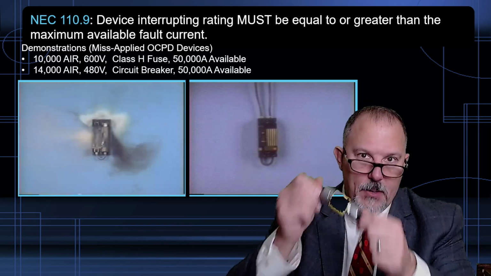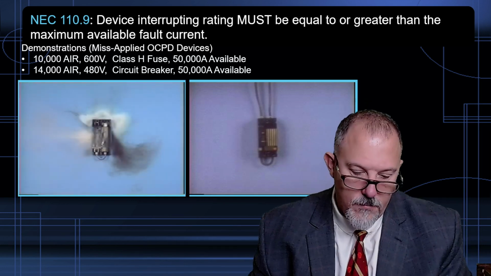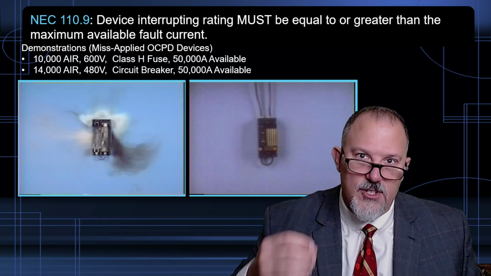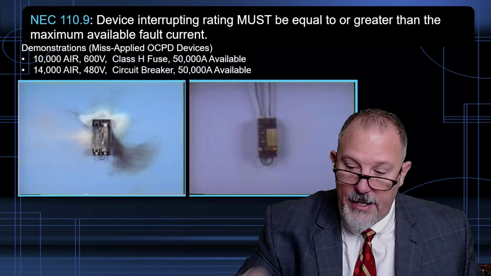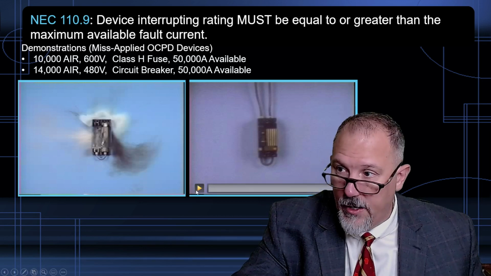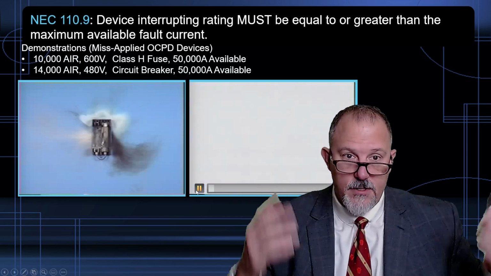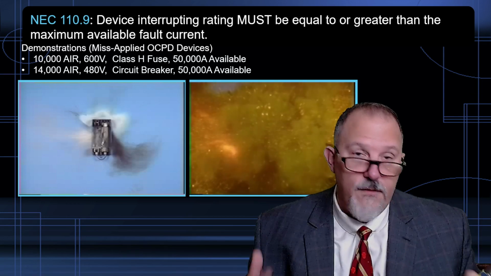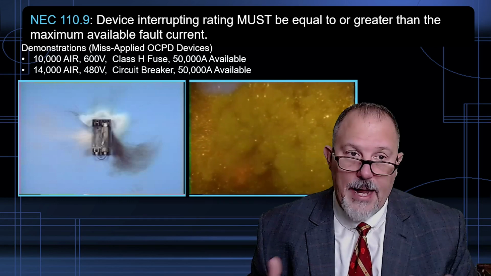This can come apart. This is a serious misapplication. And it is a serious misapplication to apply a product outside of its ratings. I don't care if it's a current rating or a voltage rating as well.